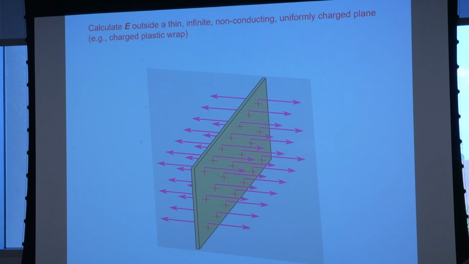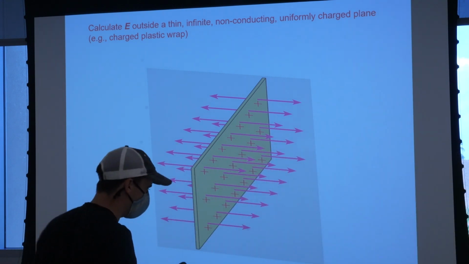So talk to each other, work together. You can push your tables together or whatever you like.